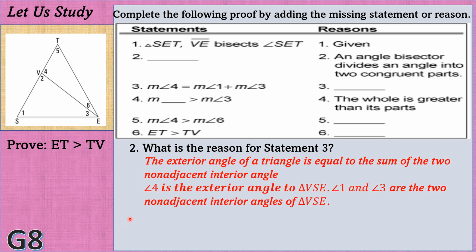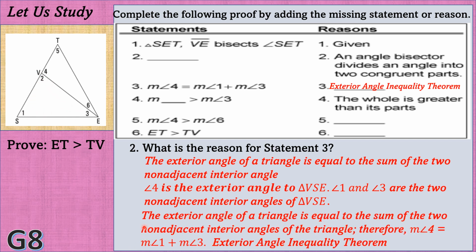So remember that the exterior angle of a triangle is equal to the sum of the two non-adjacent interior angles. So angle 4 here is the exterior angle of triangle VSE, and angle 1 and angle 3 are the two non-adjacent interior angles of triangle VSE.